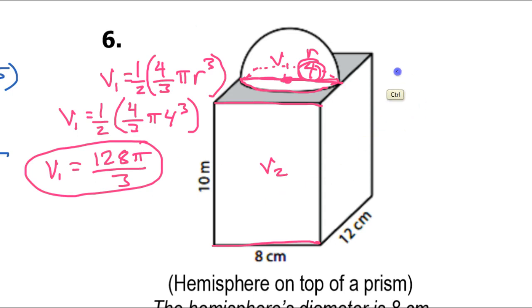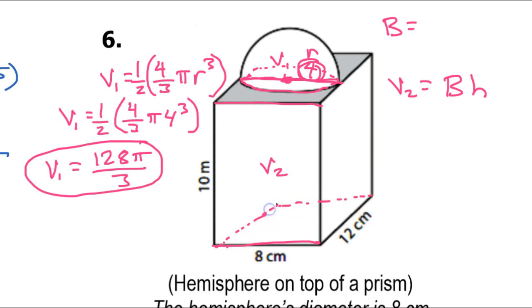So now over here, let's do volume 2. The volume of a prism is the area of the base times the height. So let's calculate the area of the base first. Well, the base is this rectangle that's down here somewhere.